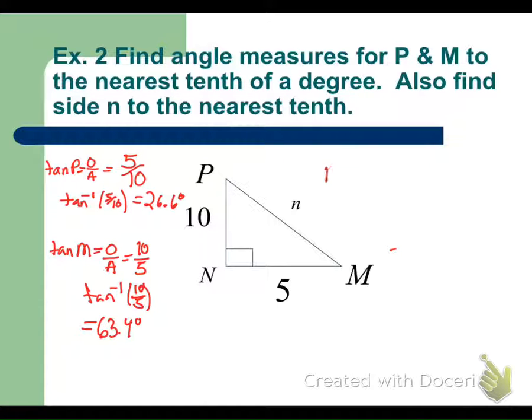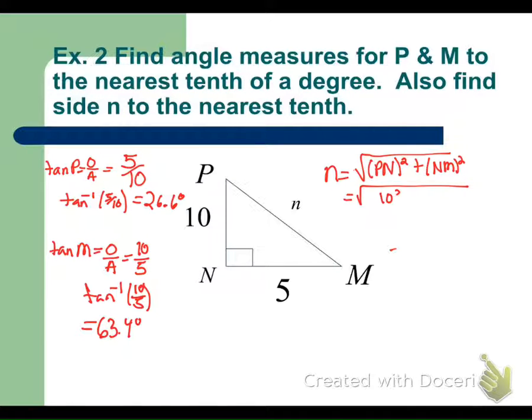So we know that n equals the square root of the side length of Pn squared plus the side length of nm squared. Let's zoom in and make that a little nicer. So we substitute in those distances.